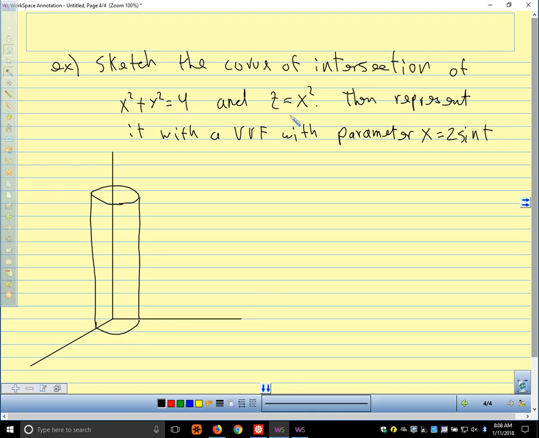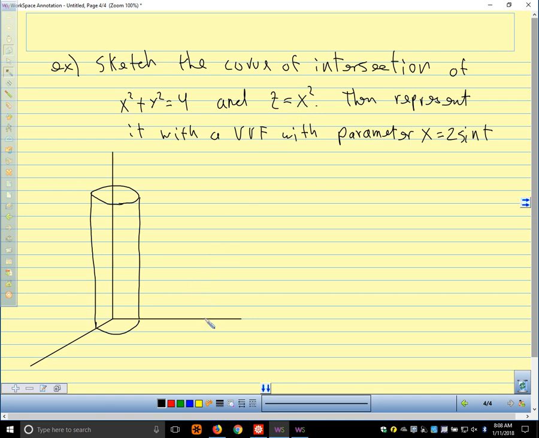How about z equals x squared? It's a parabola, but we're in 3 dimensions, so y can be anything. It's a cylinder, yes, but the shape is parabolic. So we get a parabolic cylinder along the y-axis.